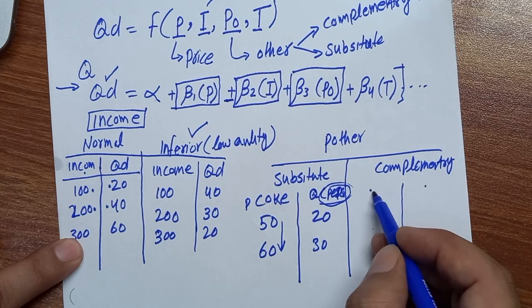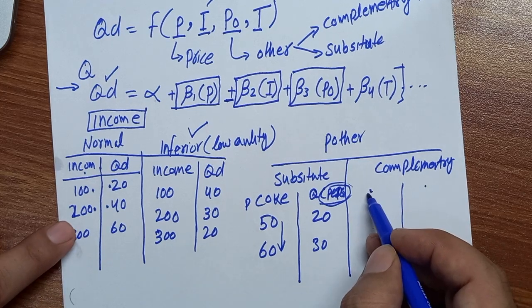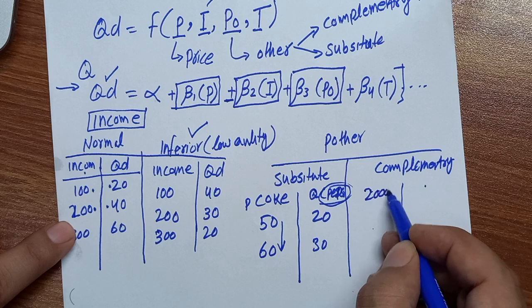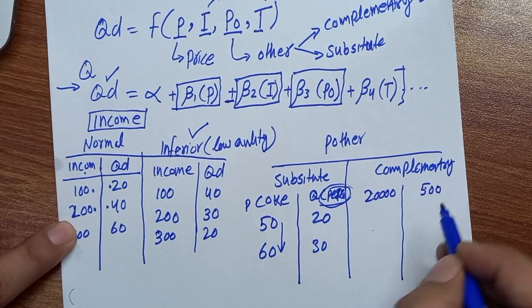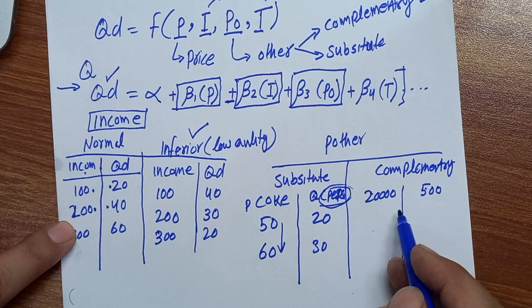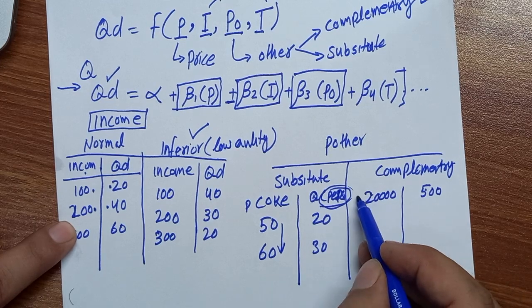When the price of your mobile is 20,000 and the price of the charger, let's say, 500, the people will buy it.